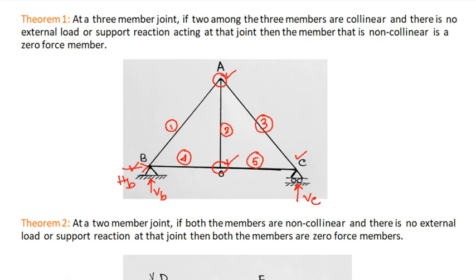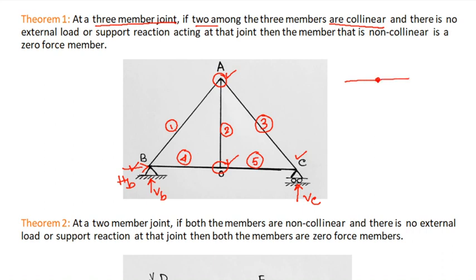As per the theorem, we need to look at a 3-member joint, out of which 2 among these 3 members have to be collinear. That means it has to be along a straight line.